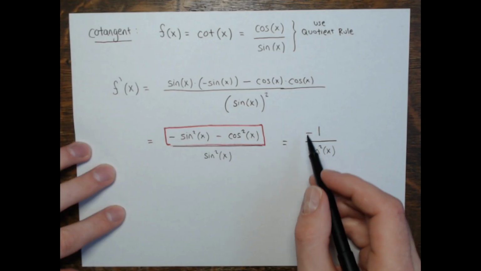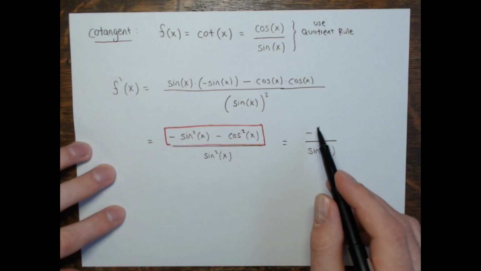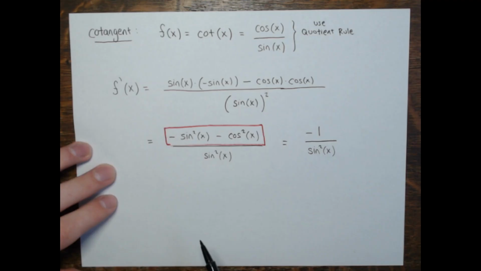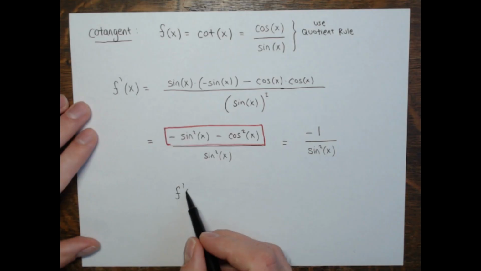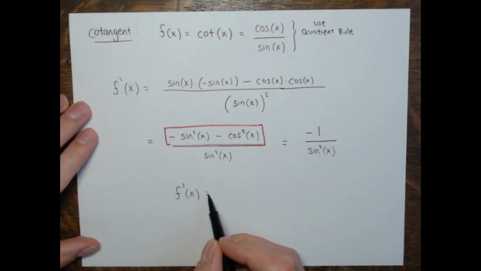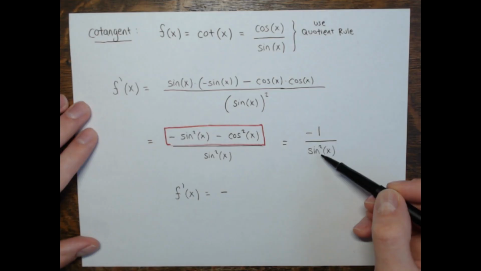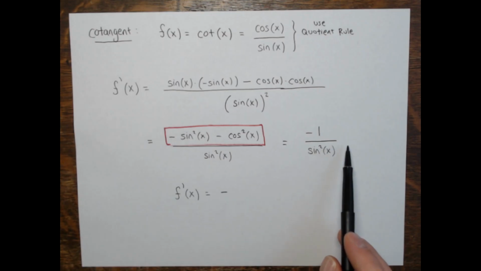And this is great too. This is nice, this is clean. It's definitely less complicated looking than the original after the quotient rule. But the way you're going to see it most often is negative, or the opposite of, 1 divided by sine, remember that was cosecant, CSC of x, and it's 1 over sine, squared.